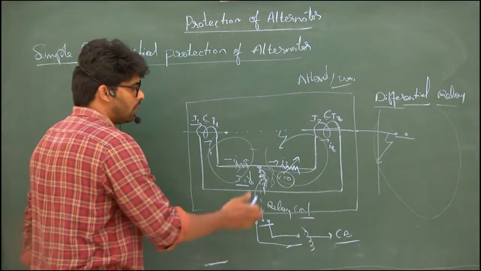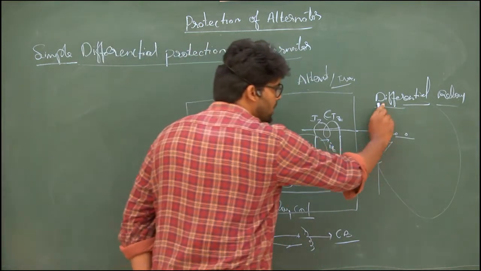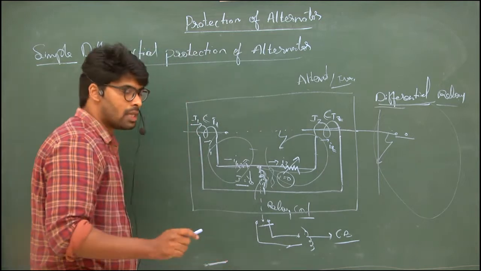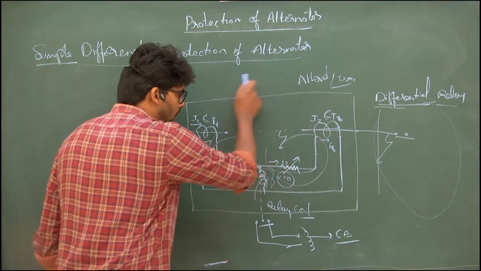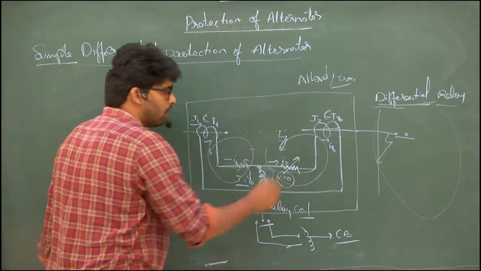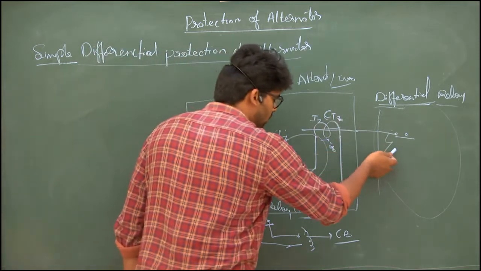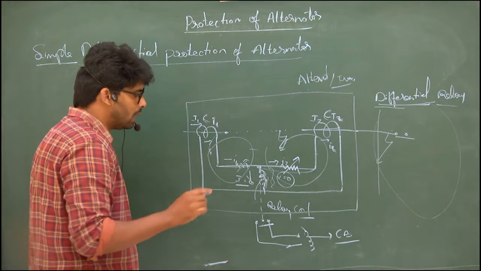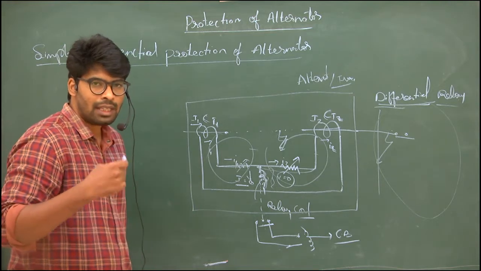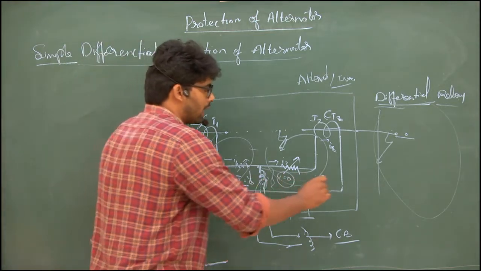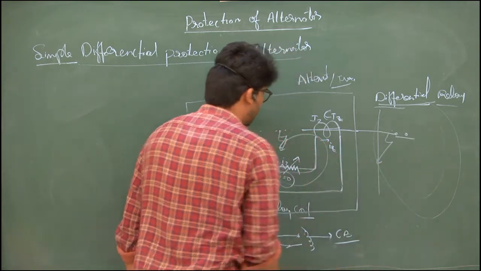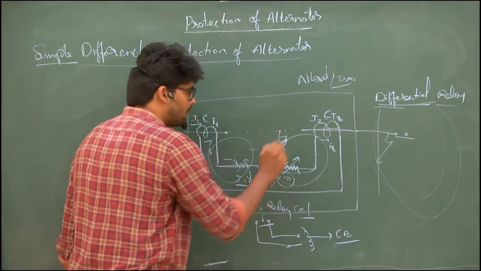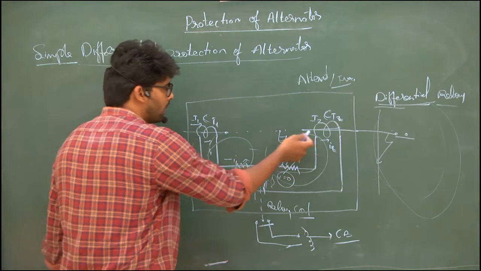Our aim is for the differential relay to operate if any fault occurs inside this zone. If any fault occurs outside the zone, it has no intention to operate for external faults. If an internal fault occurs, there will be a difference of currents here.